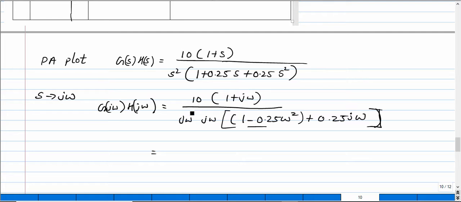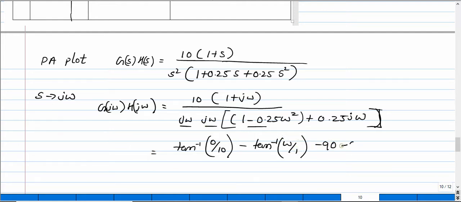That is, for 10 it will be tan inverse of 0 by 10, followed with plus tan inverse of omega by 1, and for these two it will be minus 90 minus 90, because this will be tan inverse of omega by 0, that is infinity, so that yields 90 degree. If I take it to the numerator, it is minus 90 degree.